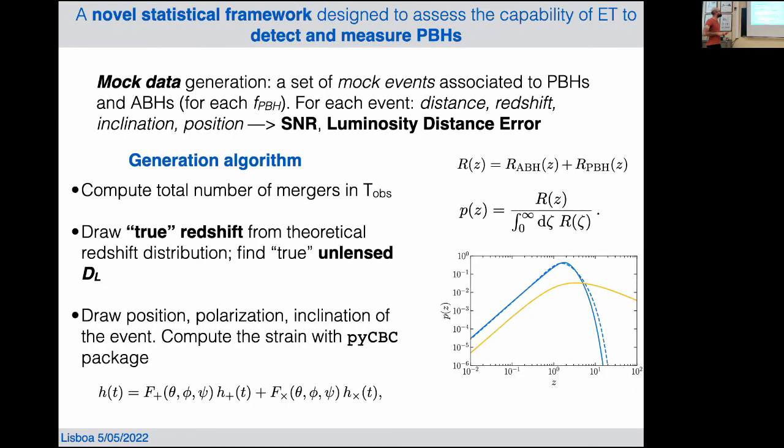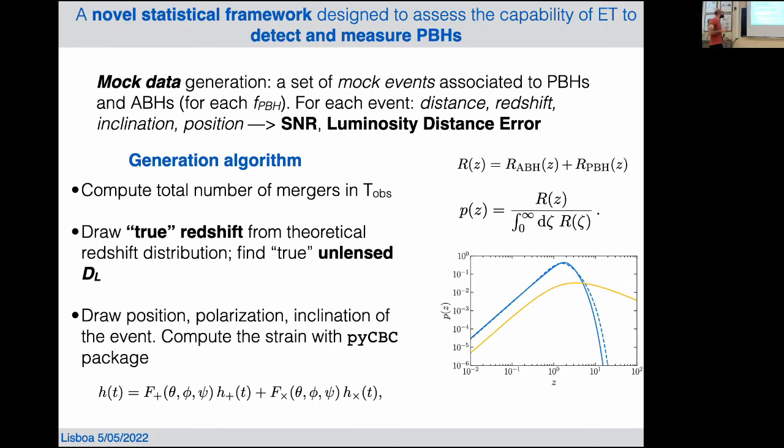To do so, we applied a mock data technique. We simulated the response of Einstein Telescope by generating mock data for different fractions of dark matter in the form of primordial black holes. We had to rely on the model that I discussed with you, a model for the evolution of the merger rate as a function of redshift.